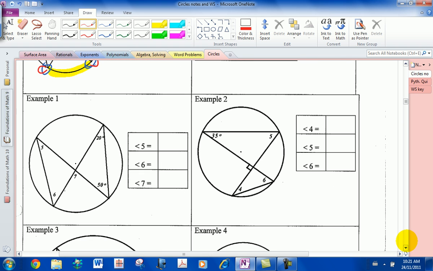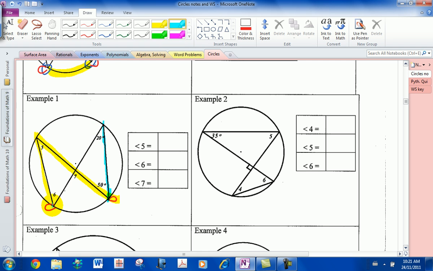Okay, example number 1. So, we're trying to find angle 5. Well, let's trace angle 5. Use a pen or a highlighter, or even your pencil's fine. And if you trace it, there's the feet. The feet are right here. So what you want to do is trace the lines of the other angle that have the feet in the same position.